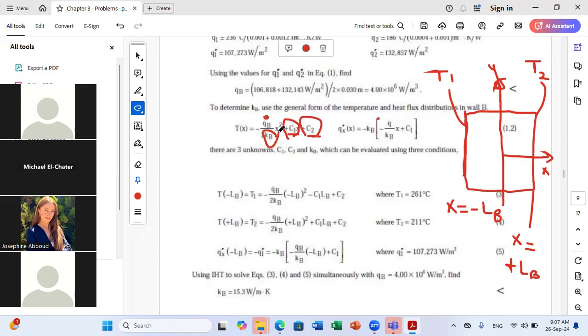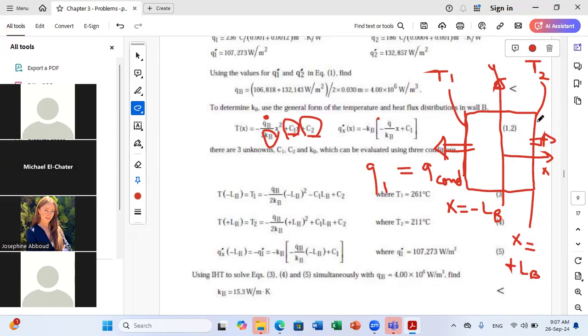But I already determined the heat rates that will dissipate from the sides. So I know what Q conduction is. Q conduction at x equals minus LB is equal to Q1 that I already calculated, okay? And the Q conduction from this side is equal to Q2.